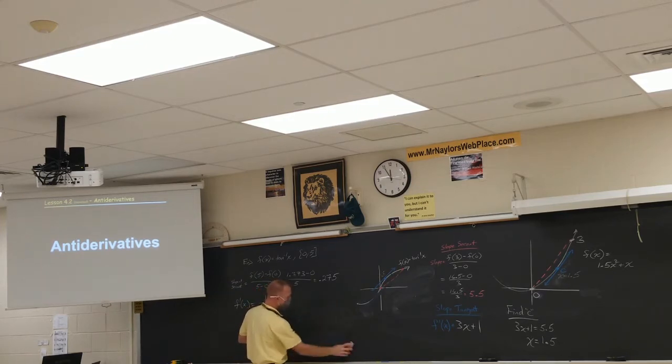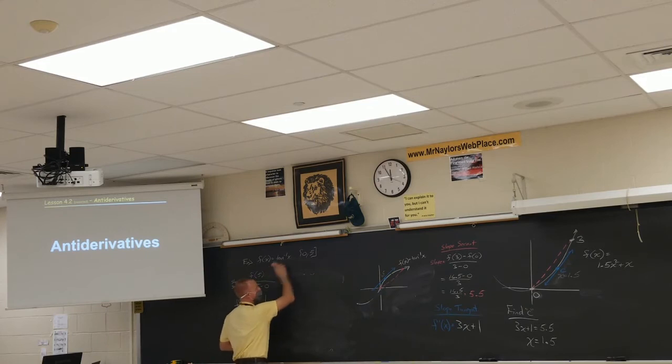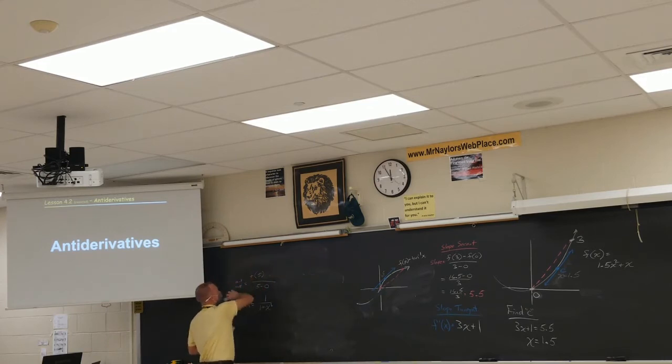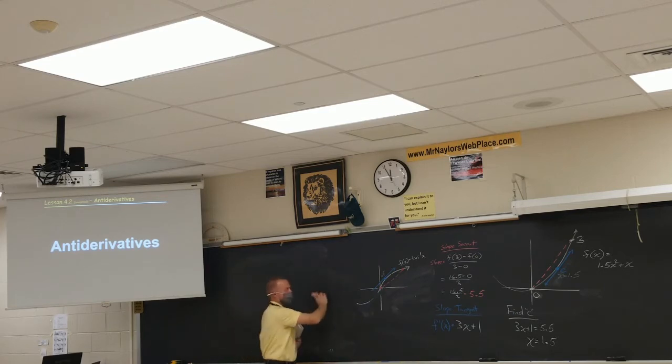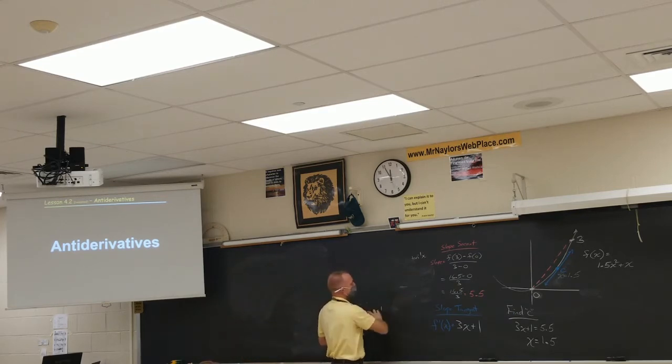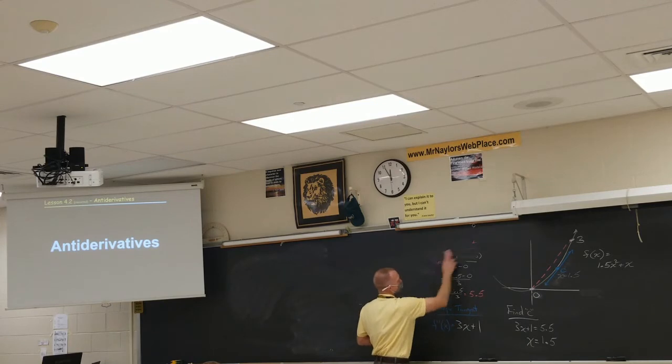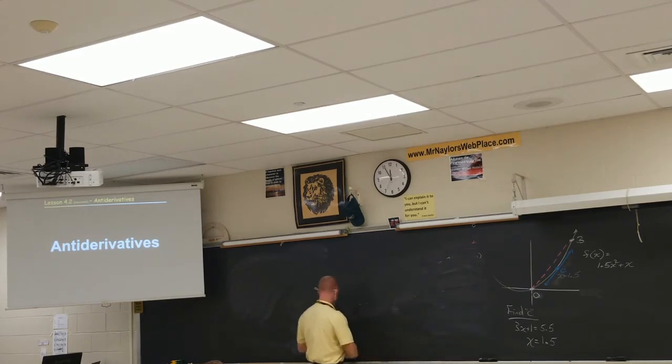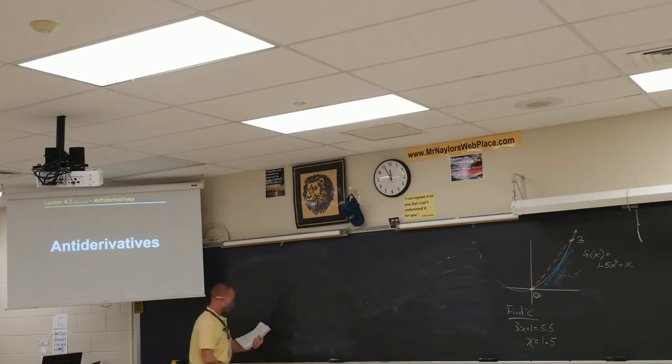So the way I usually present this is a little bit of, what do you think? I'm going to give you a derivative. You're going to try to figure out where it came from. You're going to try to figure out the antiderivative. And how will you do that?